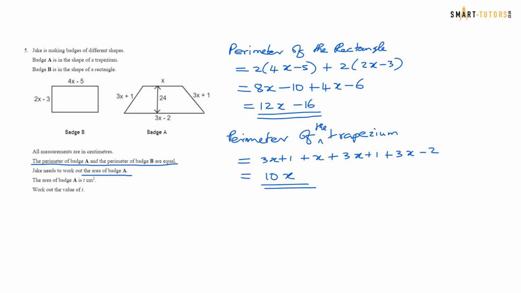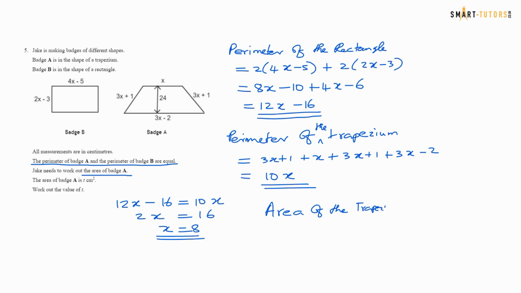So both perimeters are equal. Let's write 12x minus 16 equals 10x. 10x coming to the other side, so 2x equals 16, x equals 8. So area of batch A, the area of the trapezium, you remember the equation, half A plus B times height.